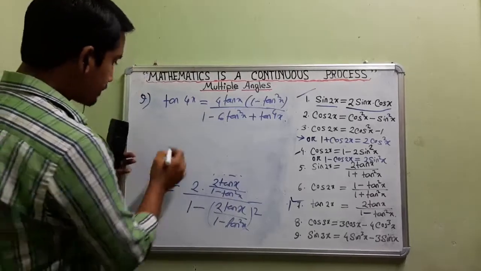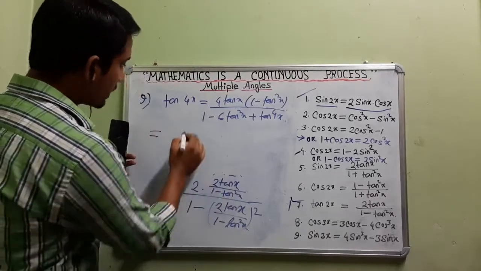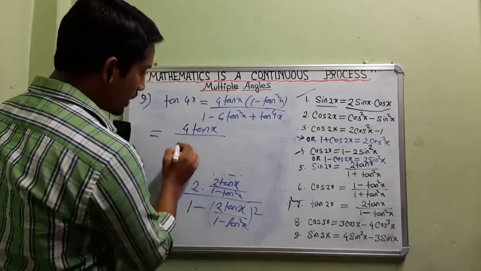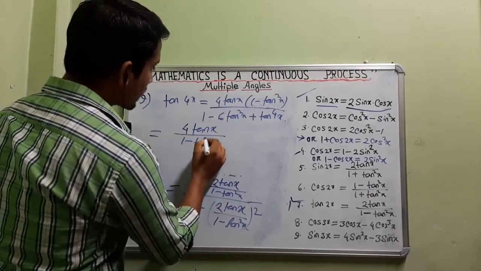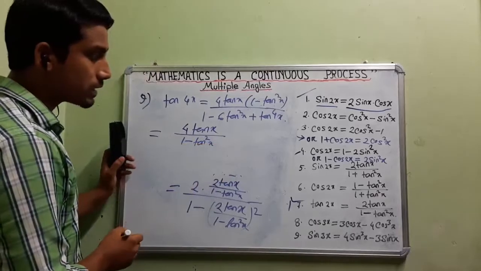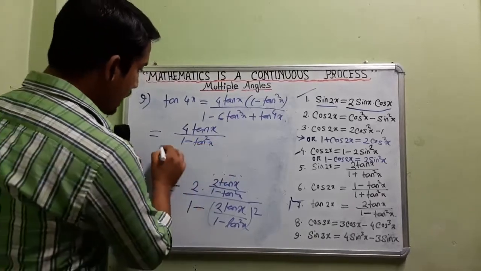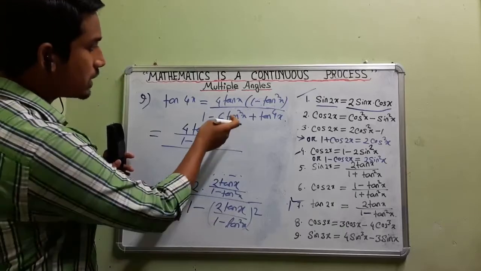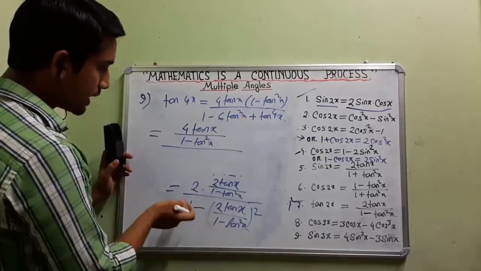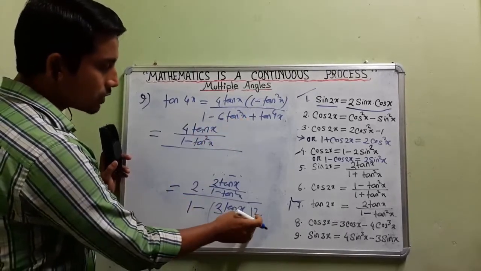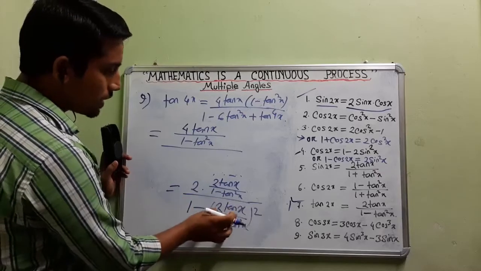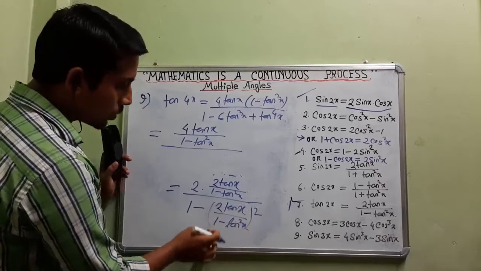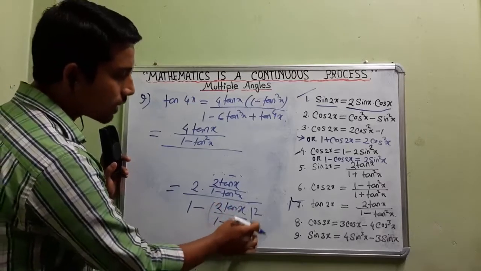You see, in the numerator, after multiplication we are getting 4 tan x divided by 1 minus tan square x, divided by, again in this part I can take a little bit of LCM, because we need the proof like this. If I distribute the whole square, it will be 4 tan square x in the numerator, and this square will come to the denominator also, that means 1 minus tan square x whole square.